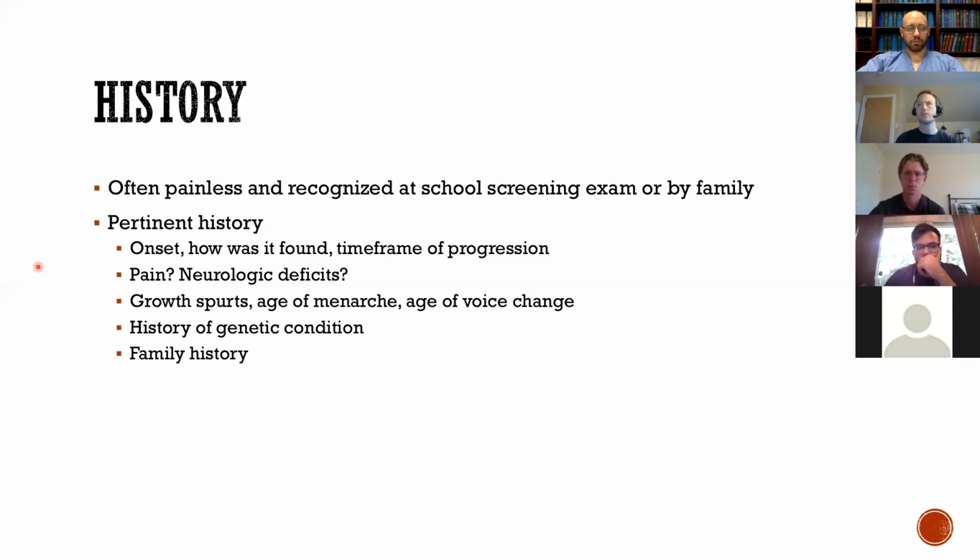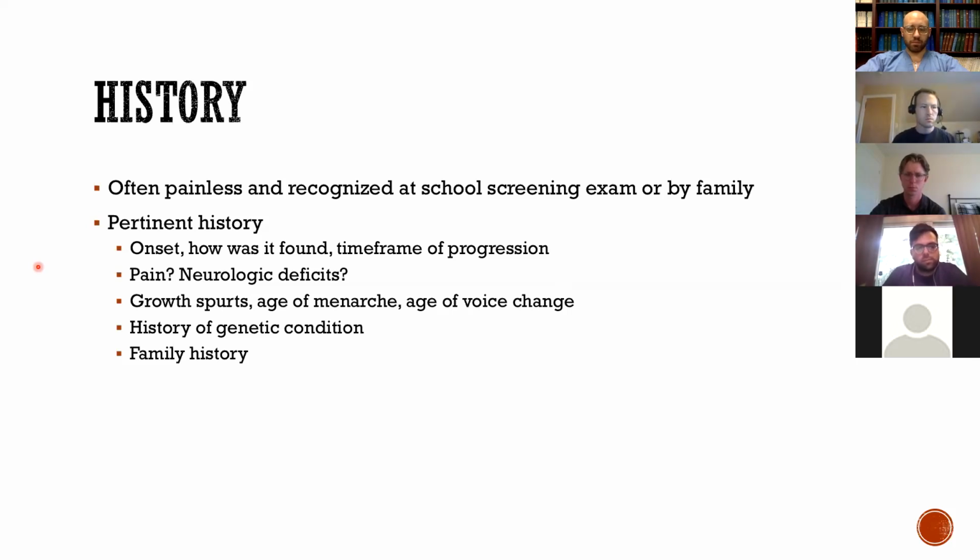Okay, and it's important when you're going into patient rooms to take this history to understand a couple of important points. How did they find it? Was it seen by the school nurse or by family? And the time frame of progression, because like mentioned earlier, the progression is highly tied to the growth spurts of kids.